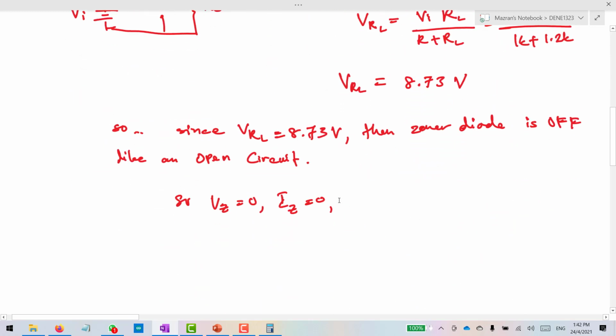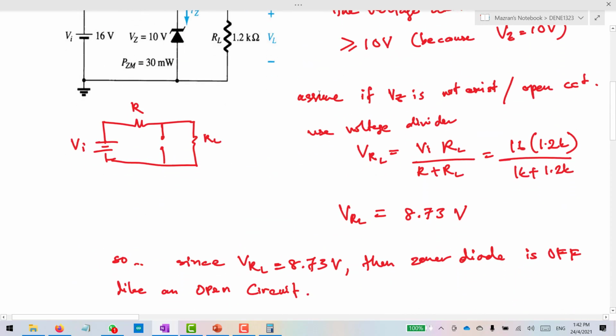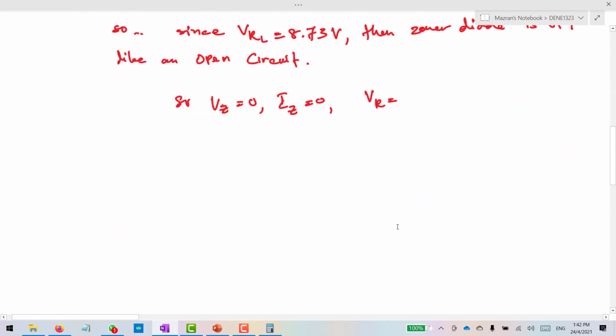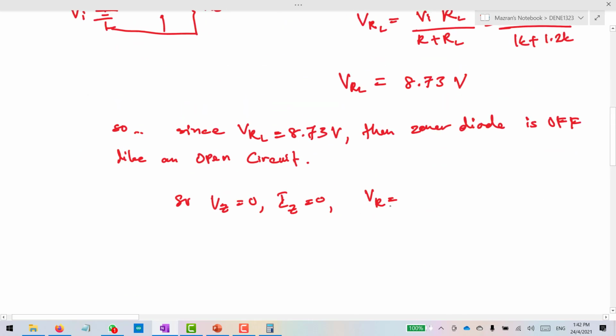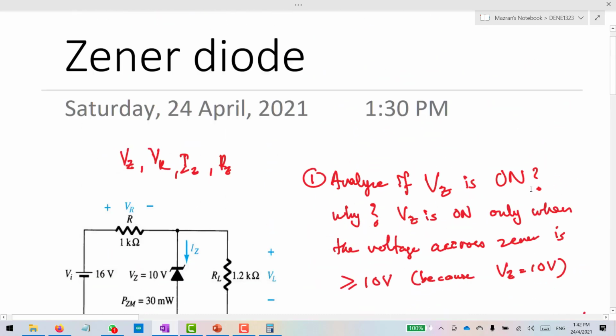Vr equals to, how much is it? 16 minus 8.73, which is about 7.3. Okay, 7.3 volts. And then what else?